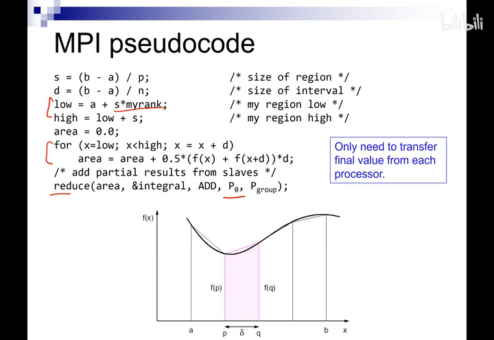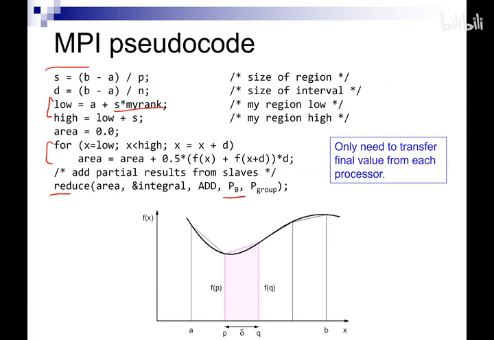The key here is that initially you see that there's no initial data distribution stage. In the previous algorithm, you had to send the values to all of the other processes. But here we don't have a stage to distribute the data initially, and this is because we assume that every process knows the entire function.